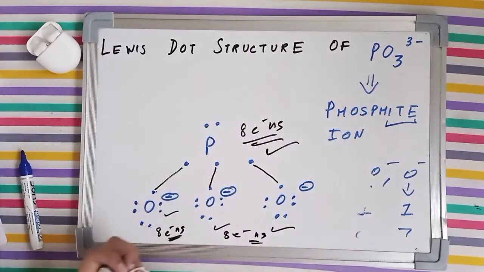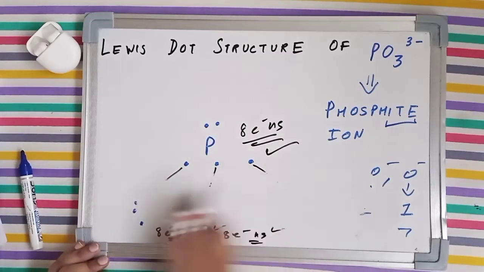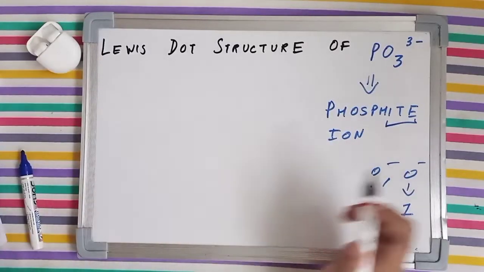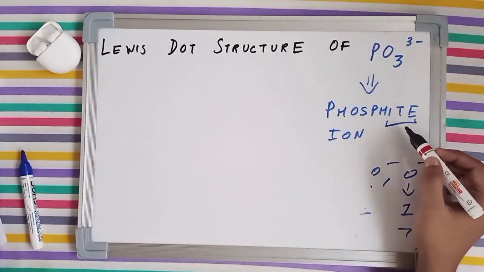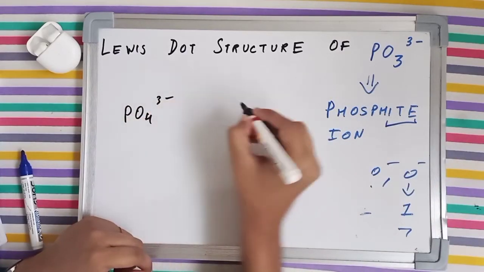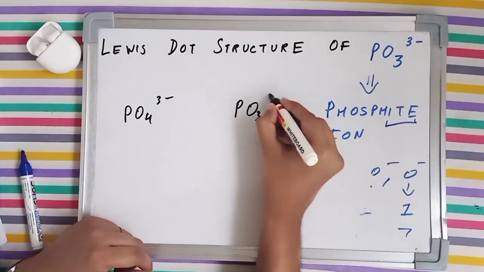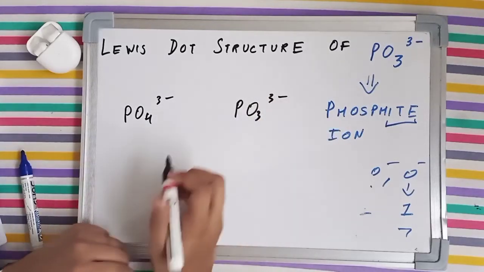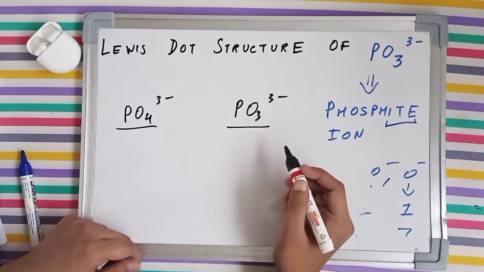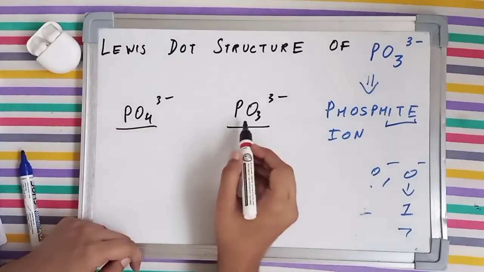Now this was the structure of PO3 3-. Now coming to what I told you as to why we have taken the suffix ite and not ate. See, you've got PO4 3- phosphate and you've got PO3 3- phosphite. The suffix we use is determined by the oxidation state of phosphorus.